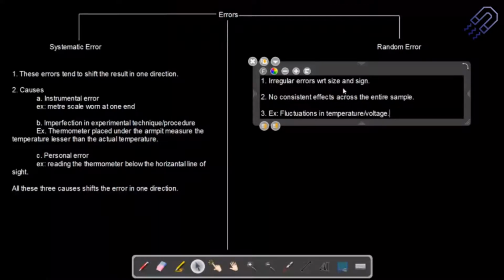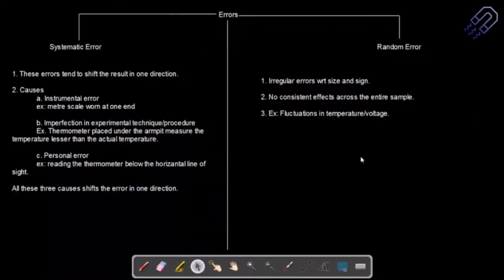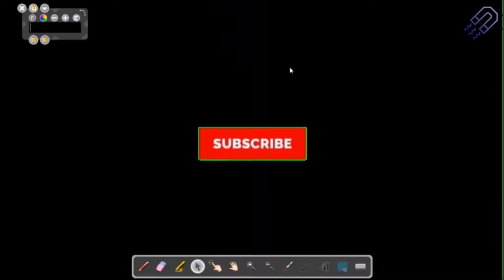These fluctuations are not controlled; they are random in nature. They might be more, they might be less. Even with the temperature of a particular system, let's say. That is basically called a random error. As you come across different experimental setups, you will understand what exactly these are. So this is a broad description of error. You have to keep these things in mind whenever you study these.